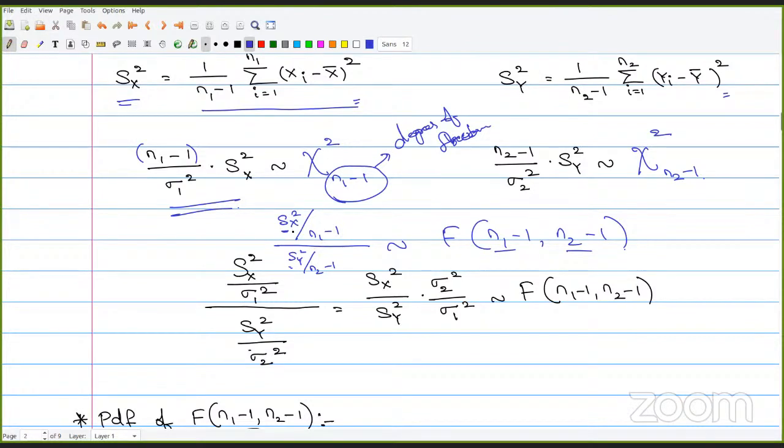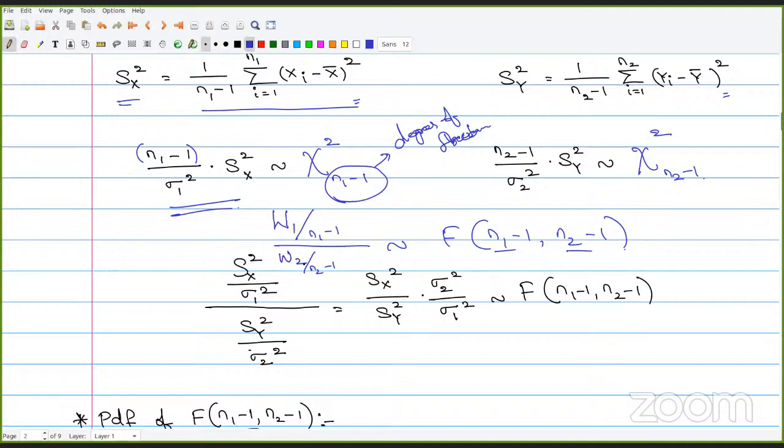Sir, how are you dividing Sx square by n1 minus 1? Yeah, this is not Sx square. This is something like random variables W1 and W2.